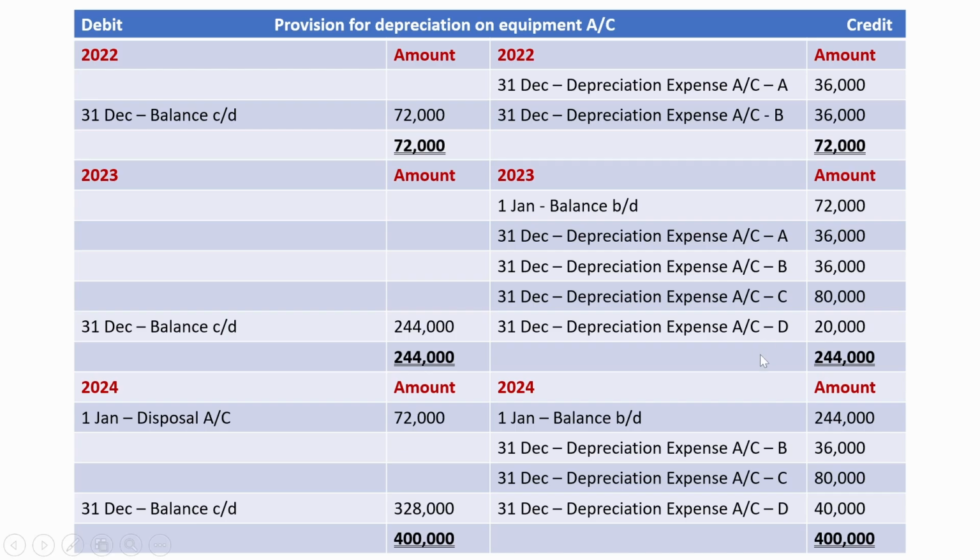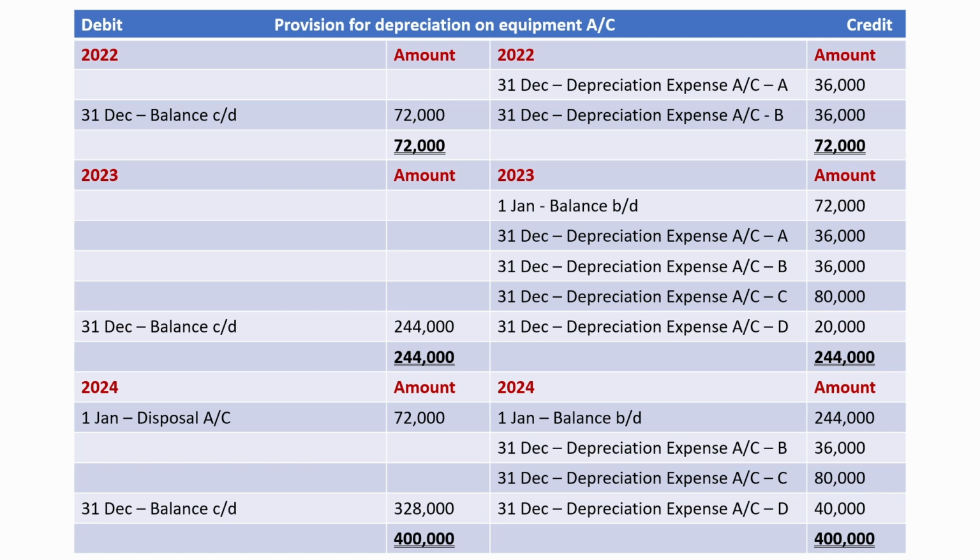But when you go to D, I said the dates are very important. D was purchased on 1st July. And it was purchased for 200,000. That was the cost. So because the asset stayed for 6 months to the end of the year, we are supposed to charge depreciation for 6 months only.